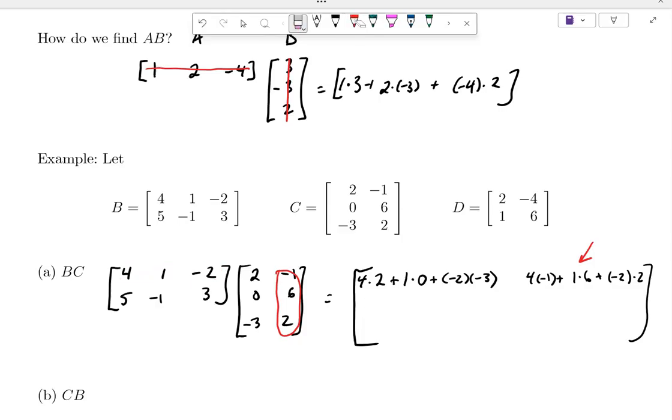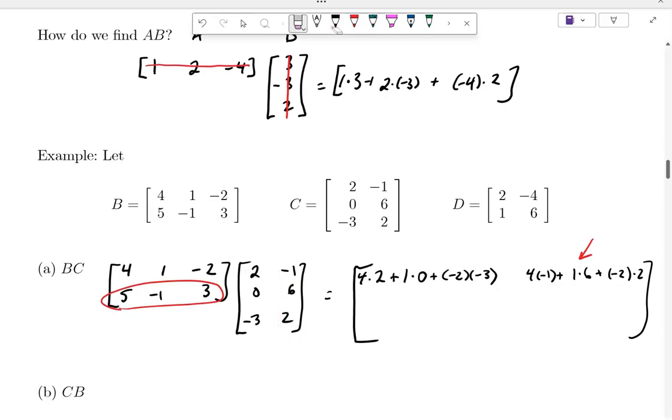So what's going to go in the 2, 1 spot? Still have 2, 2 circled. 2, 1. What's going to go in the 2, 1 spot? 5 times 2 plus, good.